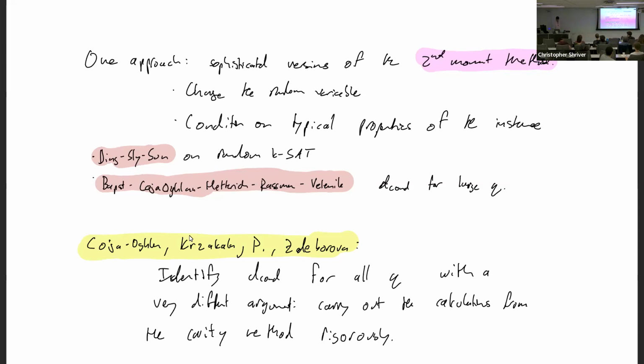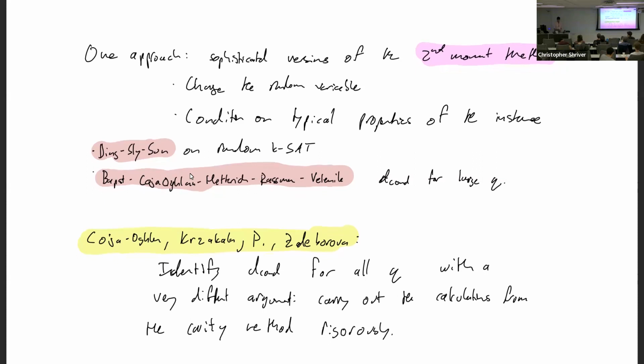This is the approach by Ding, Sly, and Sun when they proved their result for random k-SAT. There is a result by Bapst, Coja-Oghlan, Hetterich, Rassmann, and Vilenchik that determines the condensation threshold for random graph coloring for large q using this. And the Ding, Sly, and Sun result also is for very large k that you need to carry through these calculations.